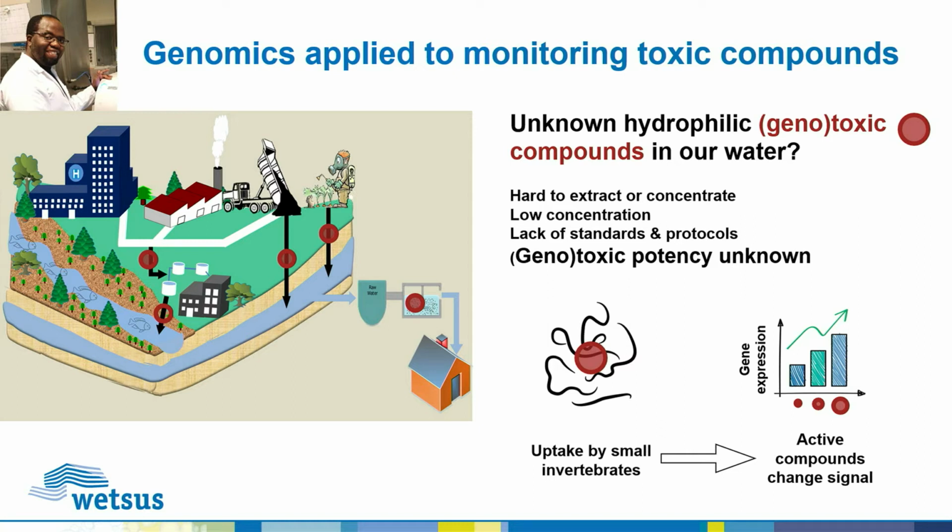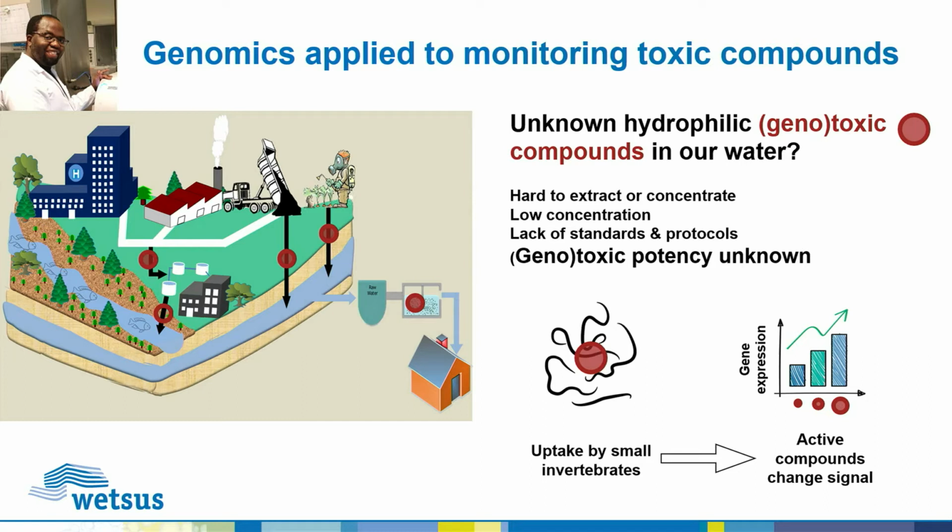They're very difficult to extract, and in many cases we don't know them even. So they might have some kind of molecular features which makes them toxic or genotoxic to us humans, but if we don't know what to measure, it's hard to keep track of them.